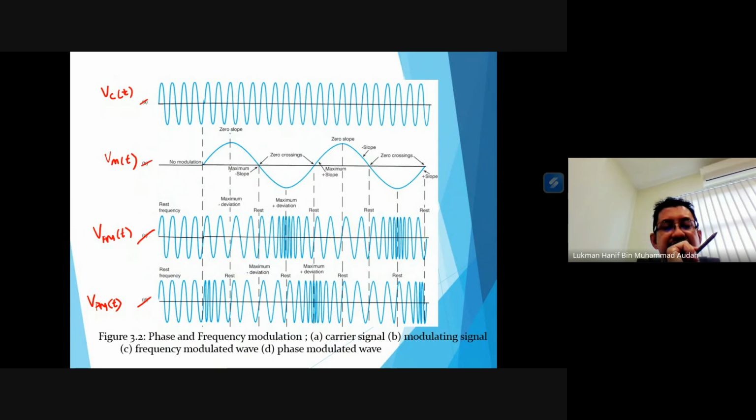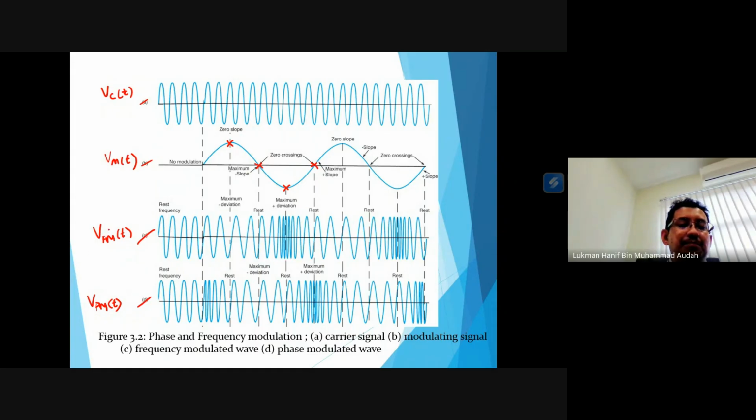You're going to see later that the key changes of the carrier happen either during the peak amplitude or during the zero crossing. At either of these, there are going to be significant changes at the output. So how does it happen? Let's go through one by one.